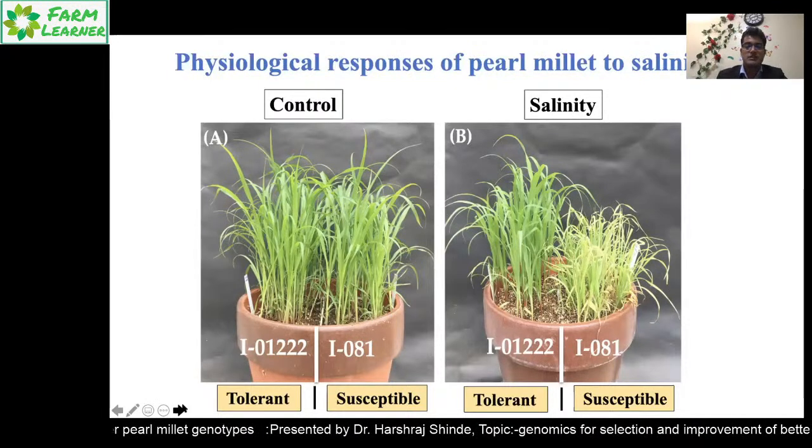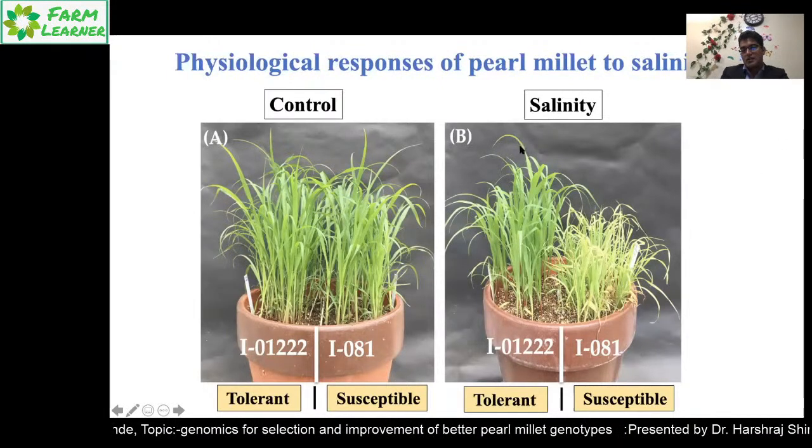Here you can see that the left panel is under control situation, and under control situation both these lines have almost no effect. They are growing healthy, but after about 16 days when we applied salinity stress by giving them 250 millimolar of NaCl through the irrigation channel, you can see the clear difference.